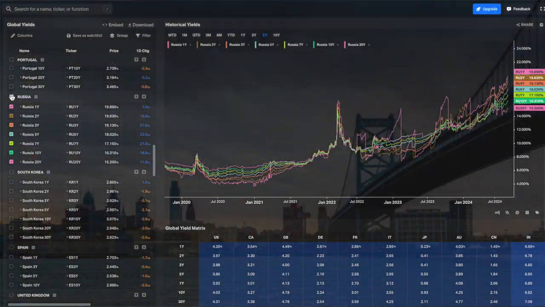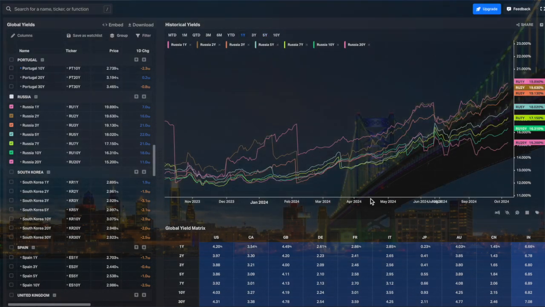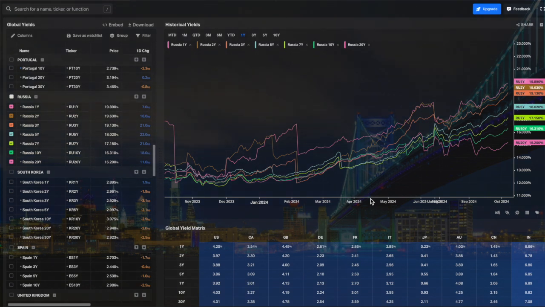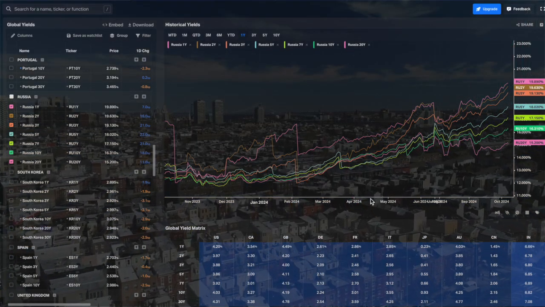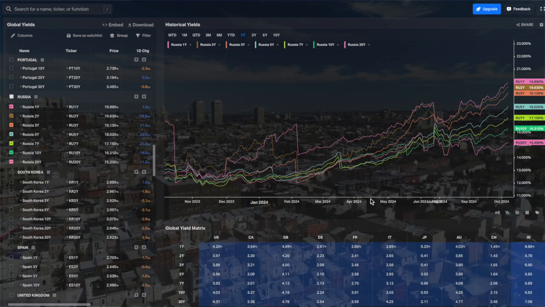Russia, okay, 19% yield on Russia. So this does not mean it's good. It means there's a high likelihood of Russia collapsing. The Russian government could potentially go bankrupt.